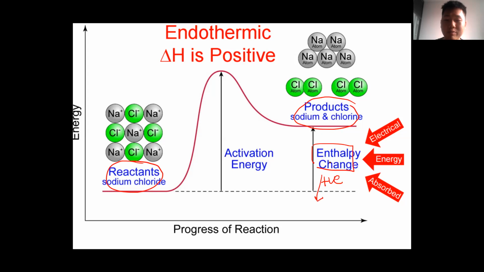The enthalpy change is the energy given by the battery. The reason this endothermic reaction can take place is because the battery supplies the energy required. Over here is the activation energy, and we have the products over here: two Cl atoms combine to form Cl2 gas, chlorine gas, and sodium metal over here.